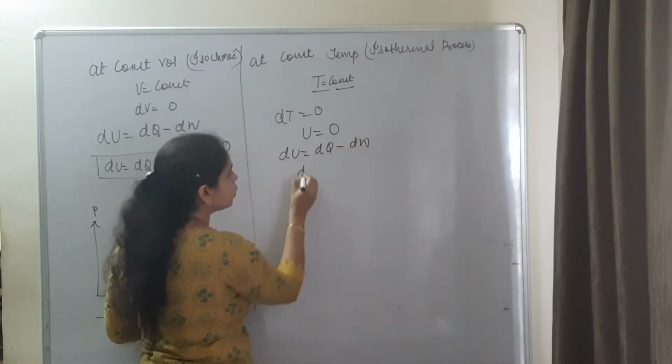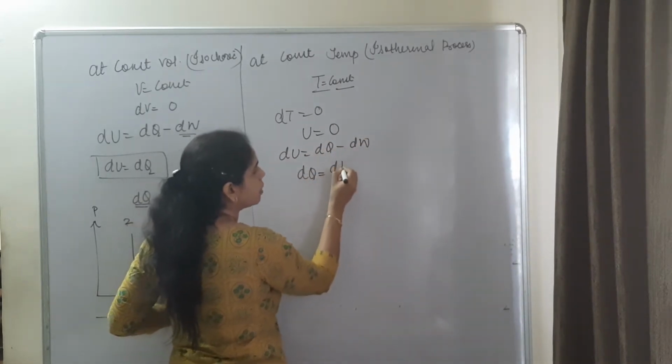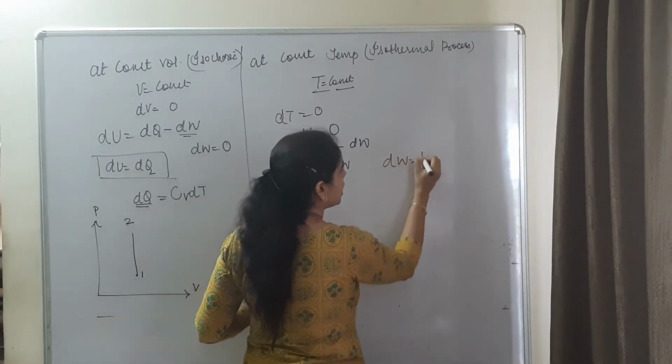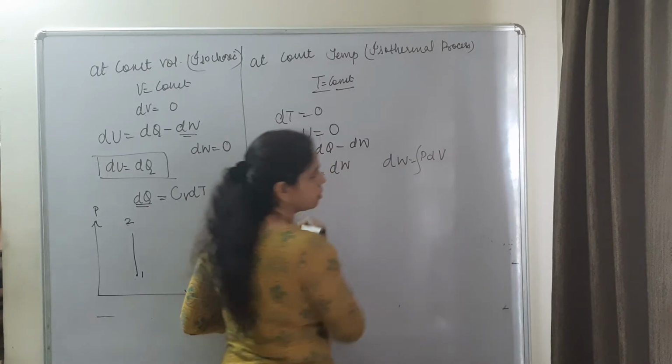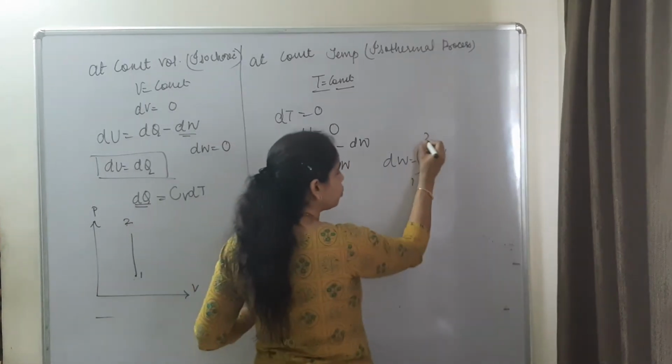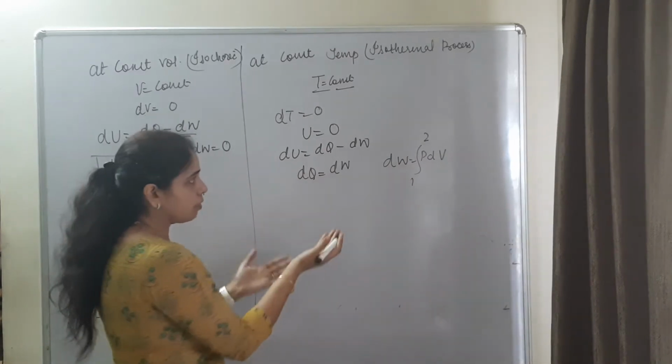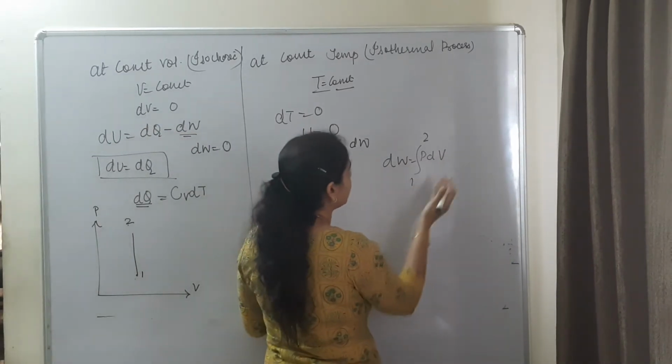So from the first law of thermodynamics, du is equals to dq minus dw. What we get? dq is equals to dw, right? And dw is what? It is pdv. You can calculate by integration from state 1 to 2, or you can replace, because we are dealing with the ideal gas.